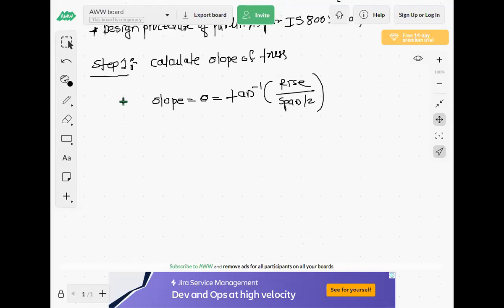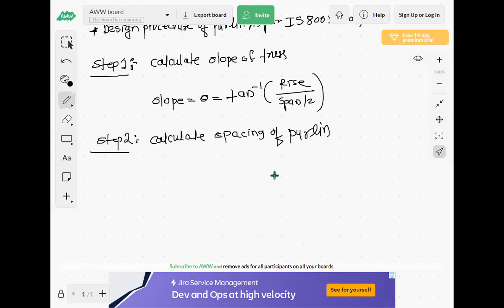Okay, now step 1 is over. Step 2: calculate spacing of purlin.